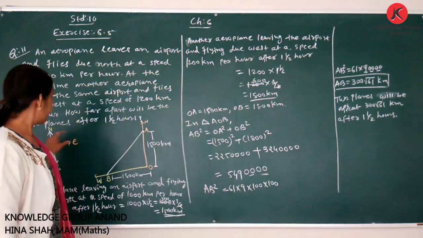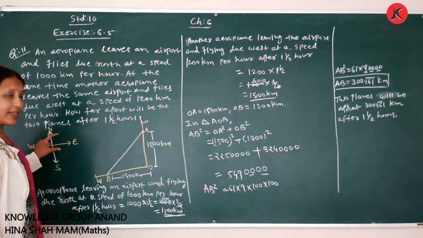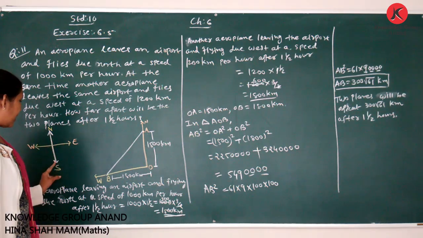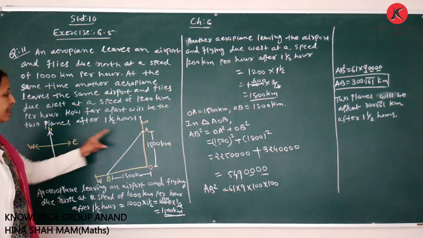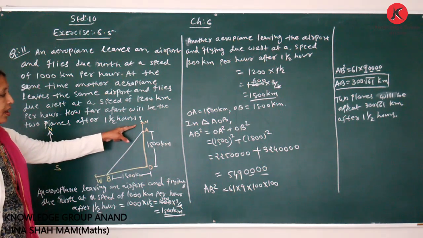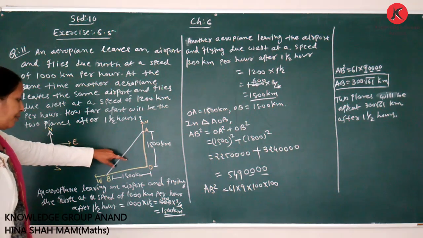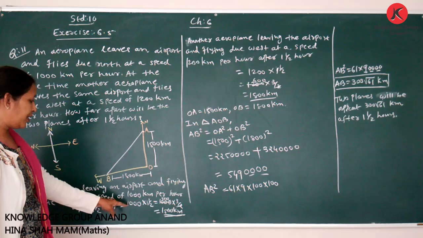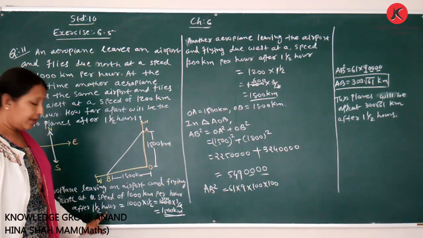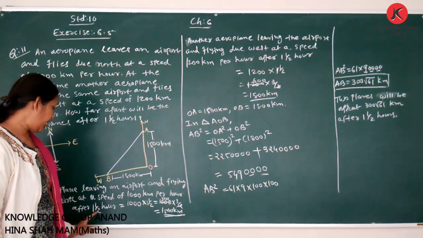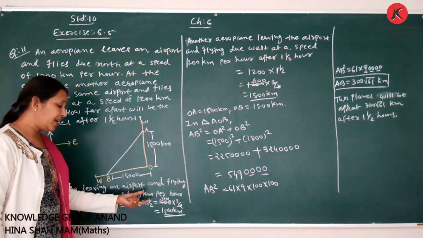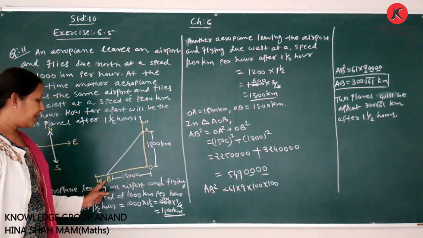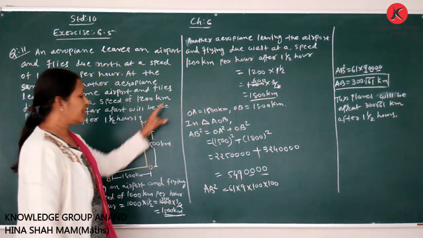Again, first we draw here. It is not necessary, but decide north, south, east, west. In north, the plane leaving the airport, flying north with speed 1000 kilometer per hour, in 1 integer 1 by 2 hours is equal to 1500 kilometer distance, and here similarly 1800 kilometer.